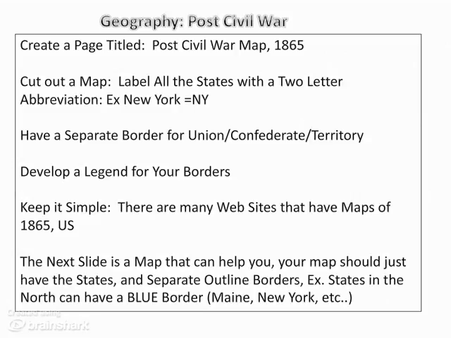The next slide does have a map that I got from the internet, but feel free to use any other map. I want you to label every state, every territory, and distinguish between free states or Union states, Confederate states, and territories. Good luck. This will take you a little while.